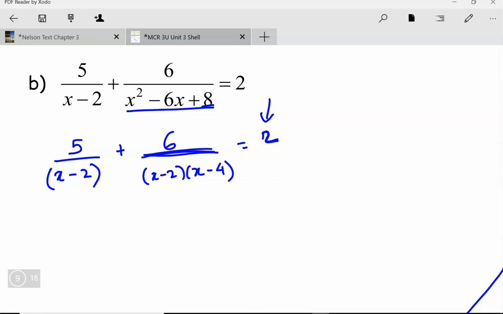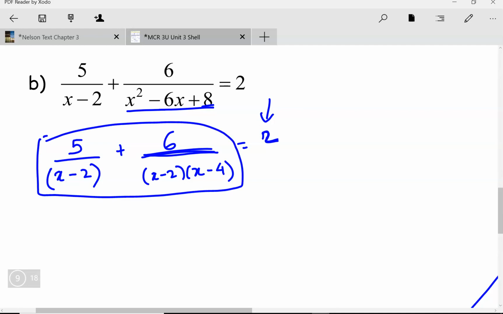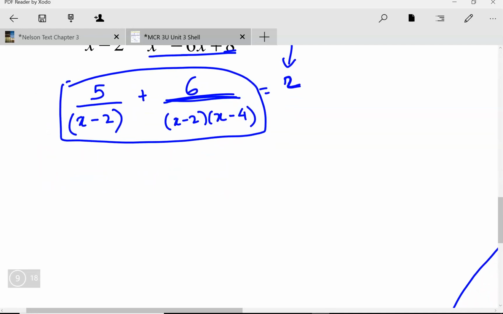But in the end, I do need to take a common denominator for everything. You can just take a common denominator here, and what you're going to get is the common denominator x minus 2 times x minus 4. So I have to multiply this side by x minus 4.